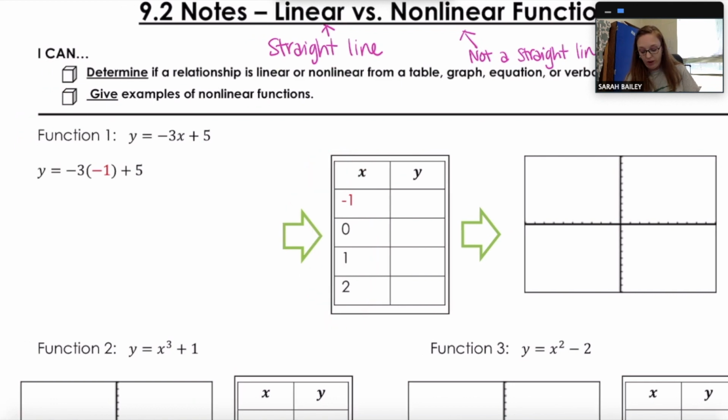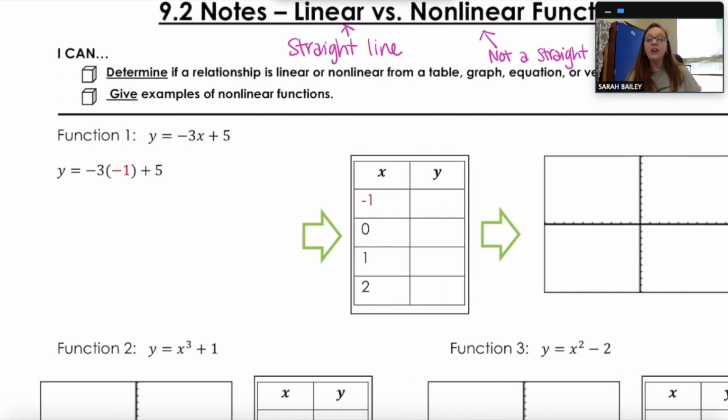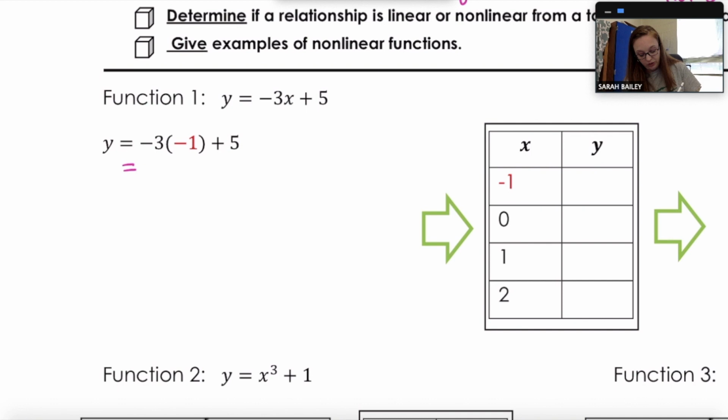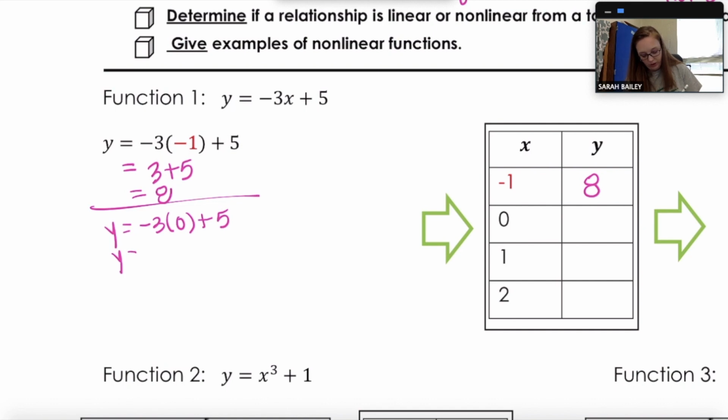If x is negative 1, then we need to solve negative 3 times negative 1 plus 5. That'd be 3 plus 5, or 8. Then we'll do it again, this time putting a 0 in. So y equals 0 plus 5, or just 5.